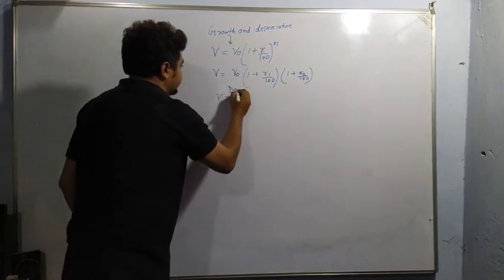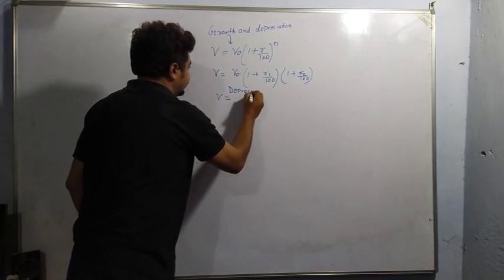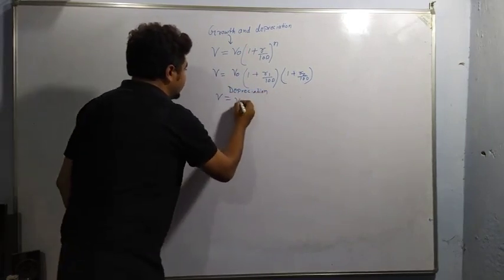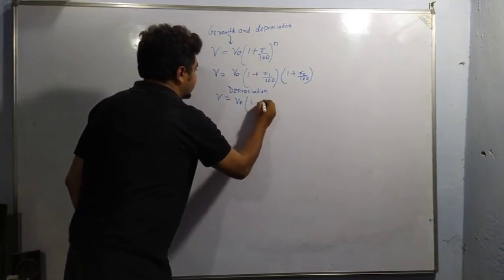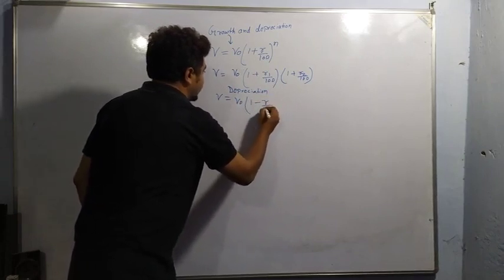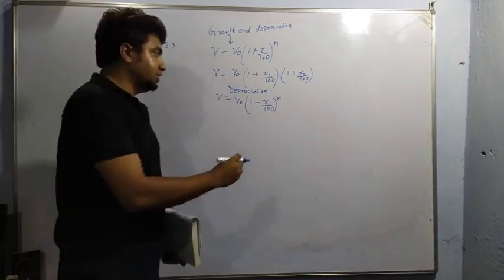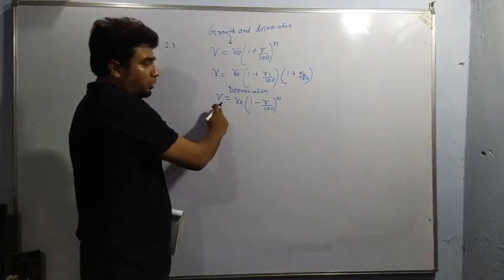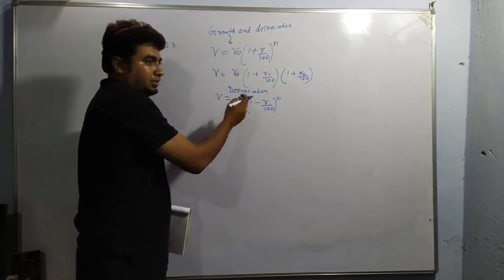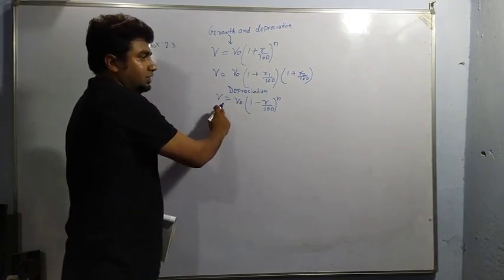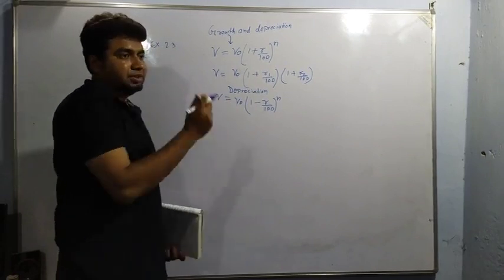Depreciation: V is equal to V naught times 1 minus R by 100, raised to n, where n is the number of years. It means it will be continuously decreasing. The final amount will be less than the initial amount. If this is 20,000, V will be less than 20,000.